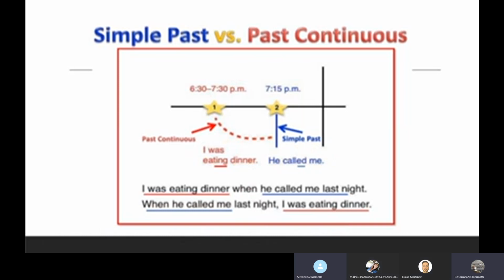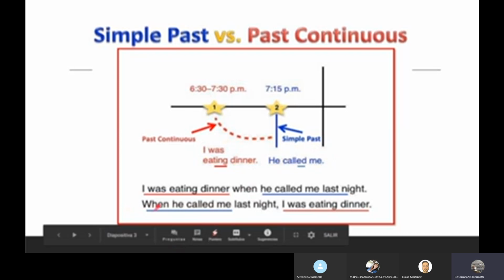Teacher, when you want to put emphasis on one of these two actions, I think that we put this emphasis when the action is first in the sentence. Yes, very good, you are right. Everything that you put at the beginning of the sentence is what is important, what you want to give more importance.